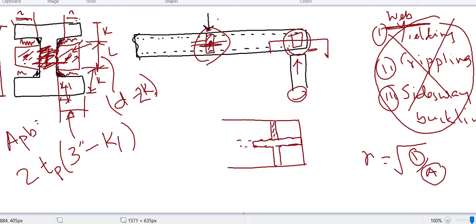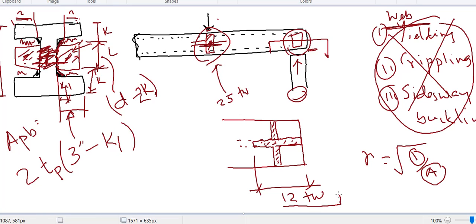So this will be my column. Now this distance is 12 tw. The difference is when we use this for intermediate stiffener, that will be 25 tw, not 12. For the end, this distance is 12 tw.